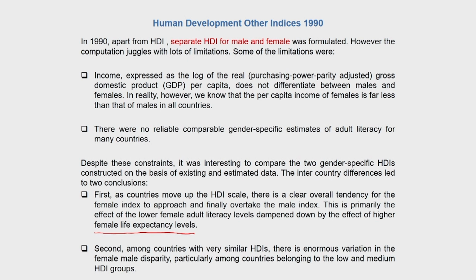As HDI levels improve, the female-male disparity also tends to lower. So it is desirable that sufficient investments are made on different dimensions of human development, such that both men and women are empowered and we move towards a more equitable form of society.